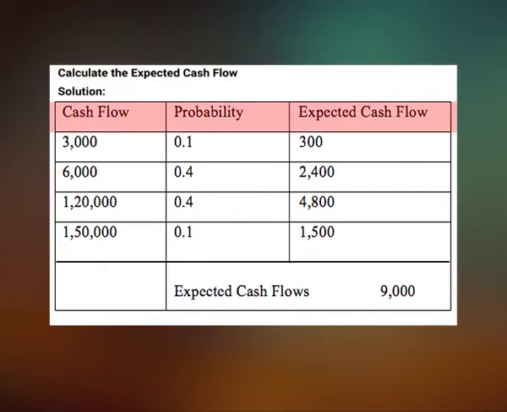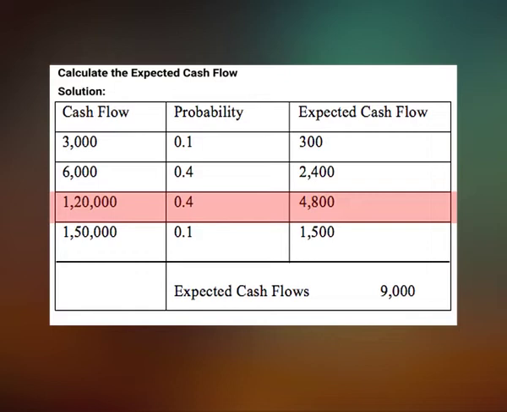Cash flow, probability, expected cash flow. Given to us is 3000 with 0.1 as the probability, and 300 is the expected cash flow. Then 6000 is the cash flow, the probability is 0.4, and the expected cash flow is 2400. Then we are given 1,20,000 as the cash flow.